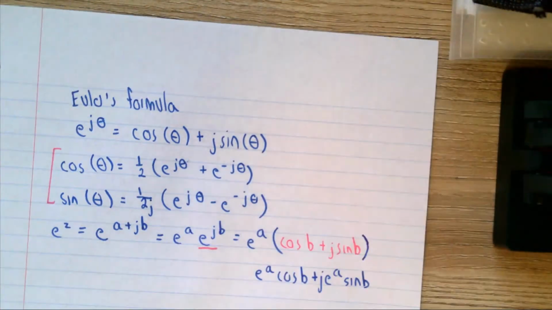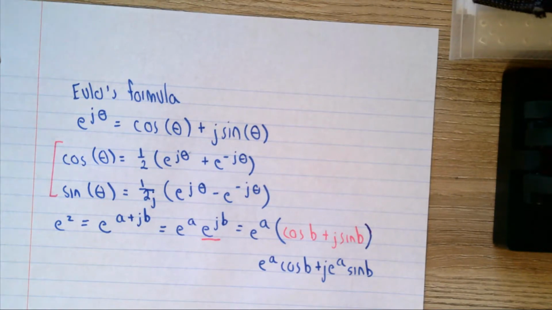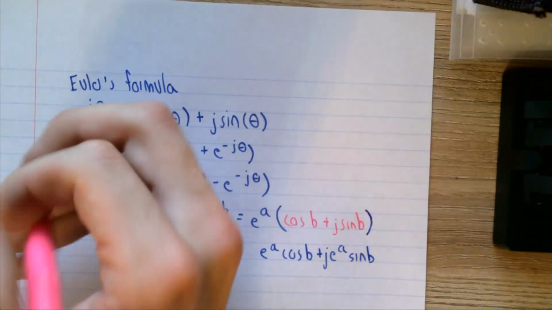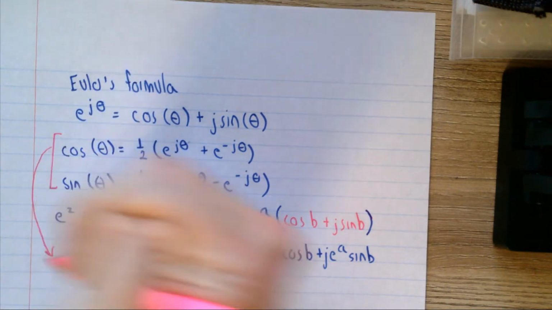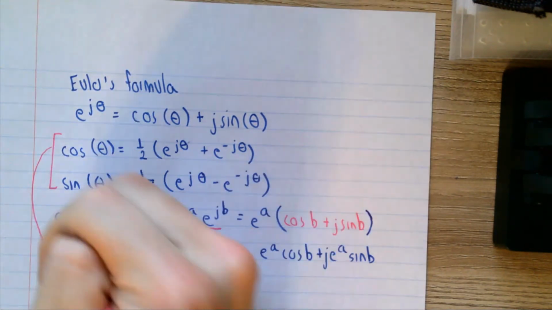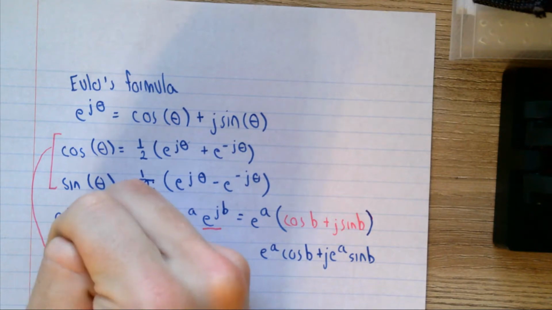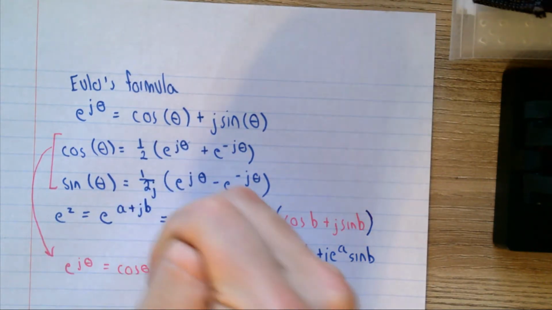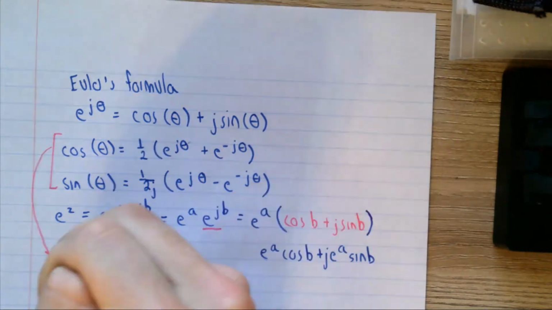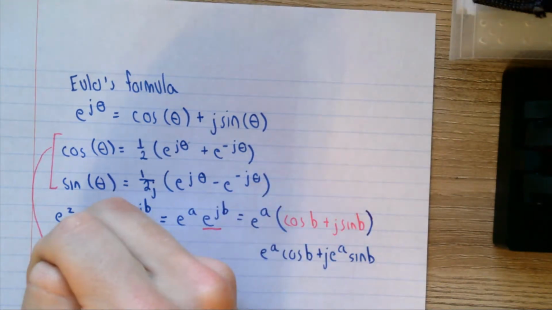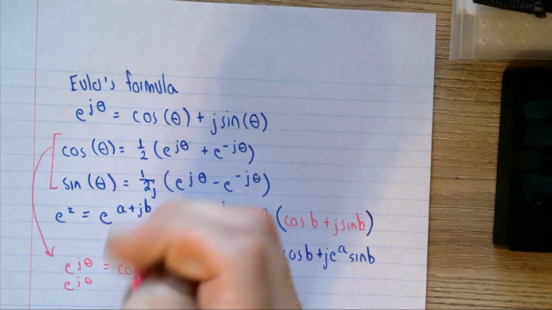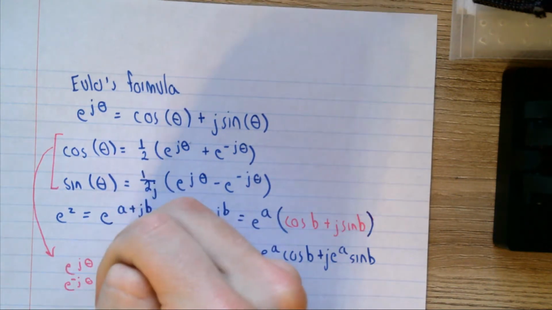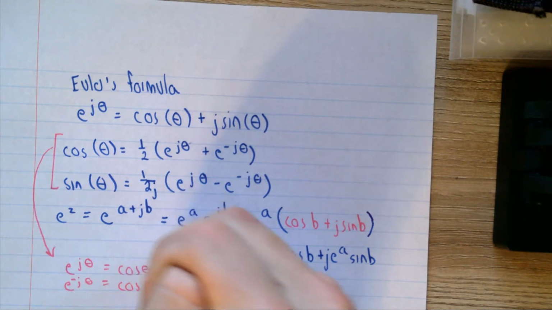So let's just practice a derivation. For the cosine term, let's look at that one. If we have e to the j theta, we know that's equal to cosine of theta plus j sine theta. And then let's write e to the negative j theta is equal to cosine of theta minus j sine theta, due to that negative sign being in the e term.